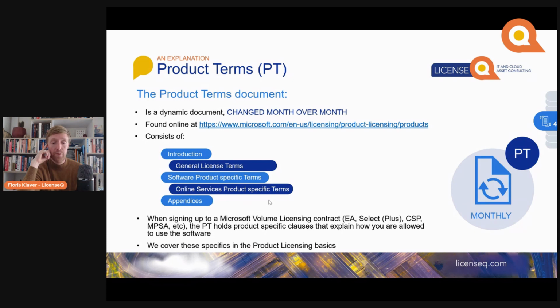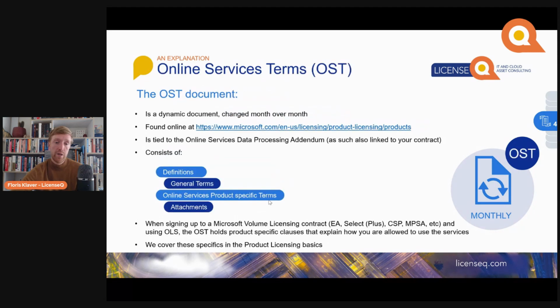So when you sign up to a volume licensing agreement, either being EA, CSP, etc., the product terms holds all these clauses, and they are of interest to you because they're tied to your contract. In the product licensing basics, we will use the product terms as a basis for explaining how Microsoft licenses its software products. The same with the online services terms.